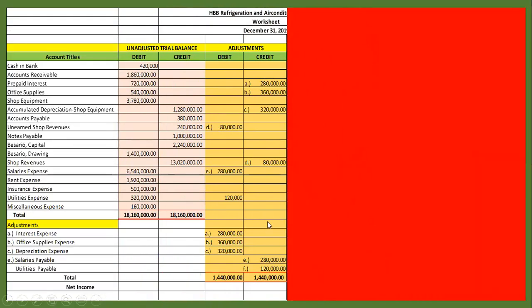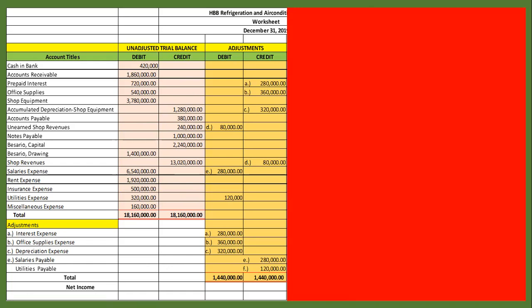Next, we are now to work with the adjustments column. So what you need is to post your adjusting entries in the adjustment columns of your worksheet. So the first adjusting entry is a debit to interest expense and a credit to prepaid interest expense. The first that you need to post is the interest expense account.